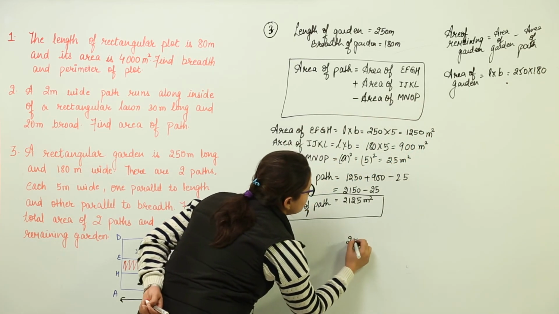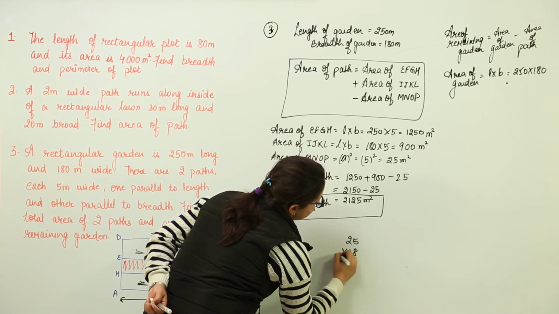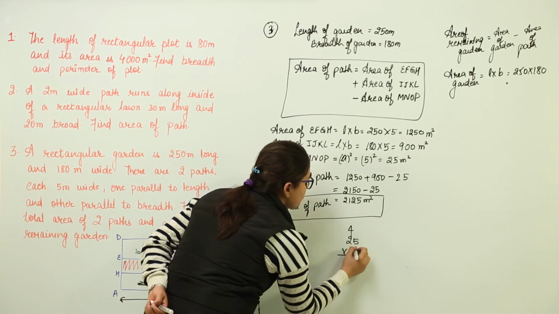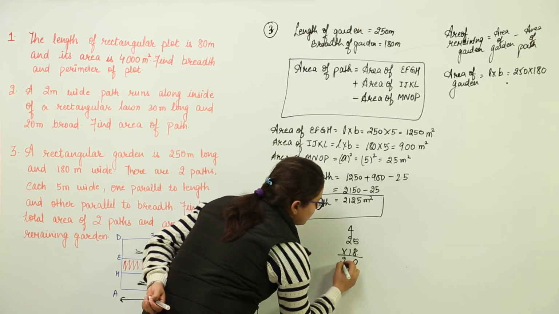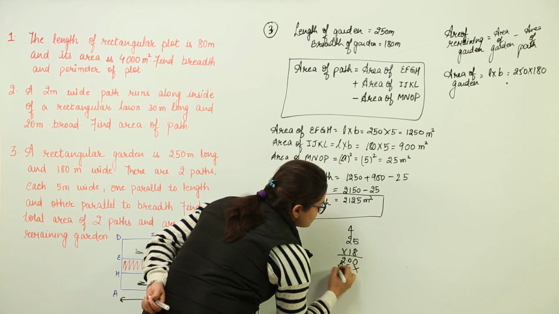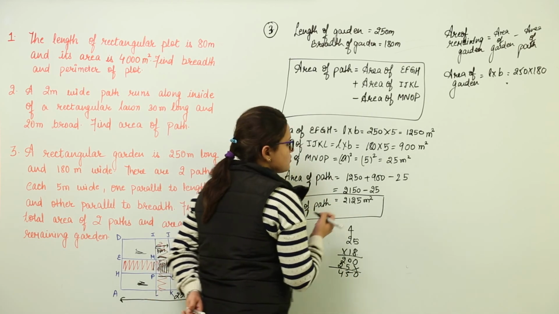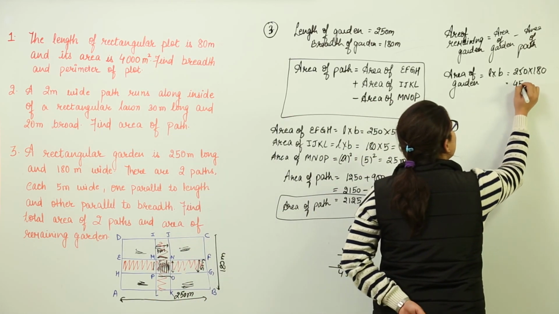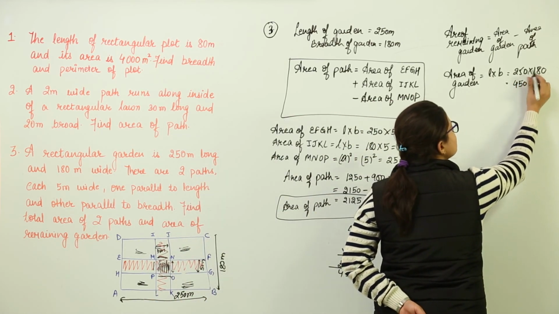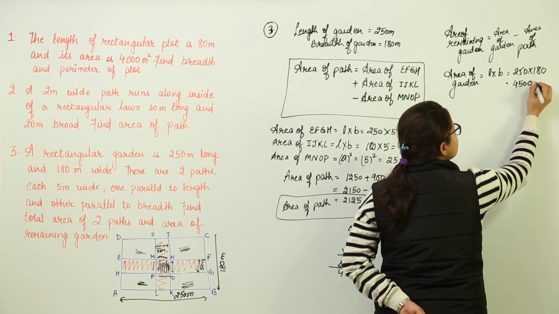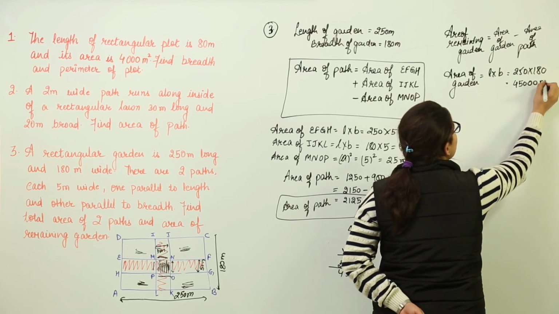Let us find that out. 25 into 18. 8 5s are 40, 4, 8 2s are 16 and 4 is 20. So you get 450 and the 2 zeros that I had not included in multiplication. So this is the area of garden.